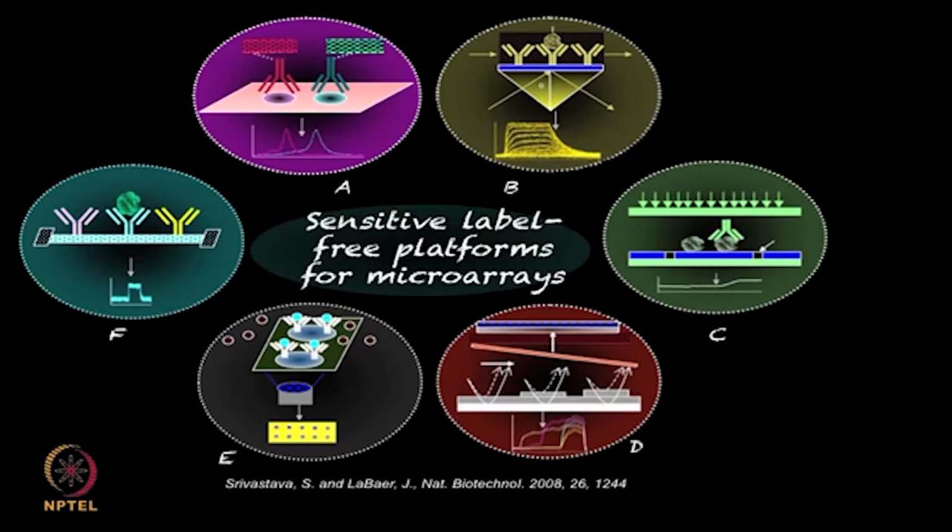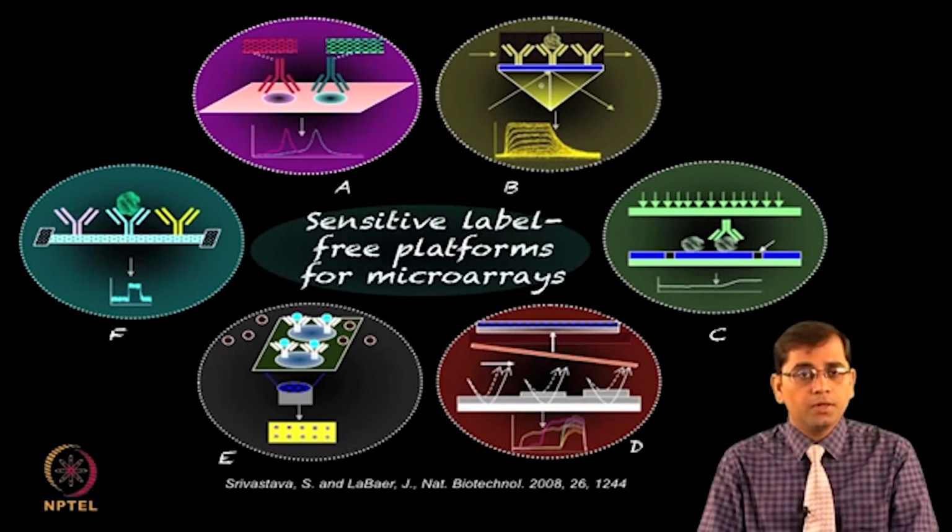Also, there are some nanotechnique based label free methods which we will discuss in our subsequent lecture, but some of the label free techniques shown here are very promising for high throughput protein microarrays or DNA microarrays based applications.